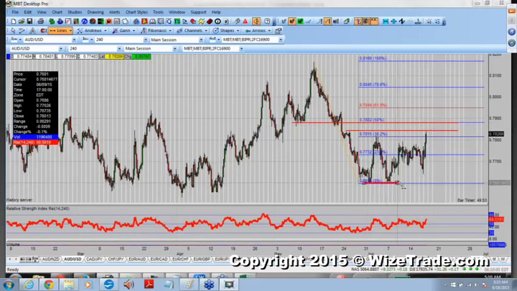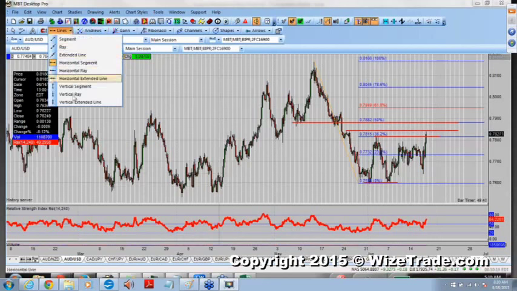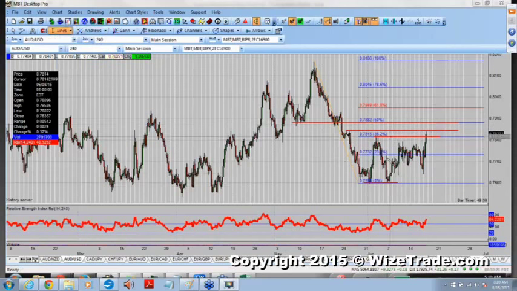Now, we do have this double bottom, which could theoretically extend us a lot higher. If you look at where we can extend to, we can extend a lot higher, especially if the dollar continues cascading lower.